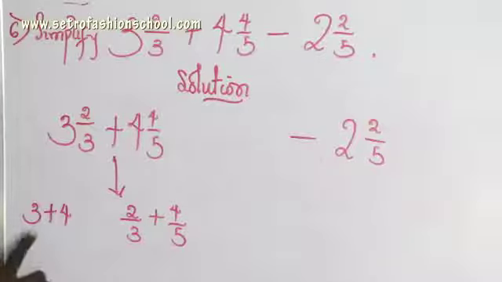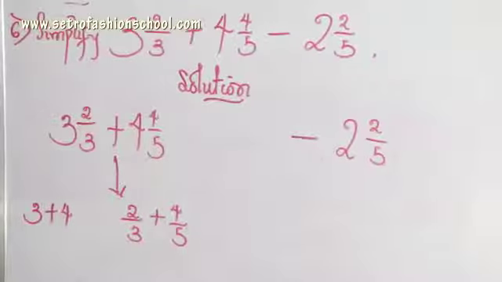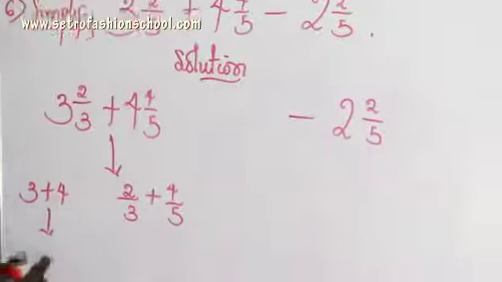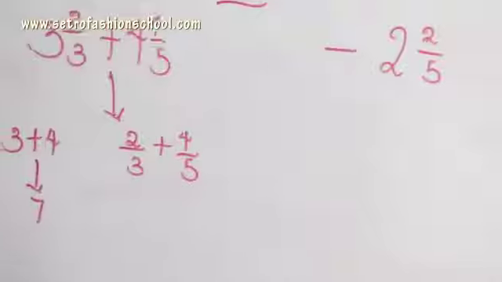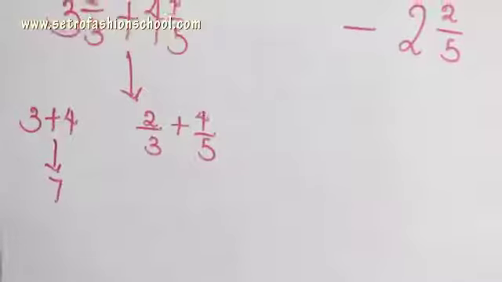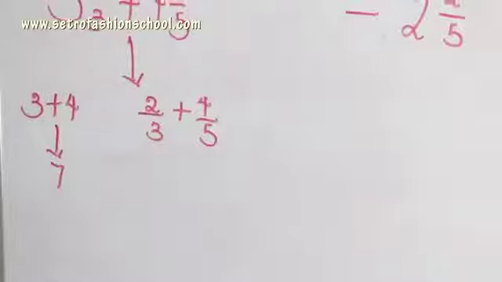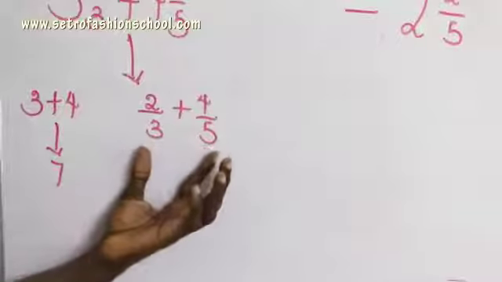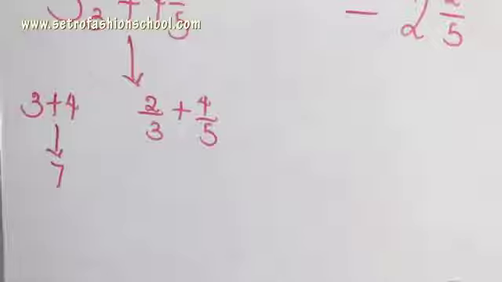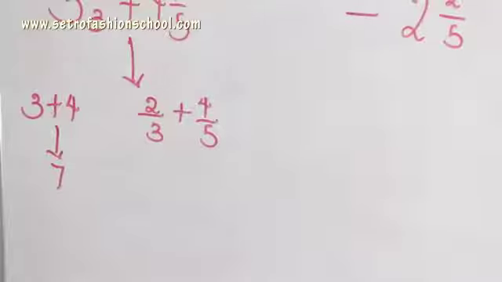Now, the next thing, I'm going to add this together. Let's do that together. 3 plus 4, correct. That's great. That's 7. That shows you are smart. You're a smart kid. Now, the next thing, how can we calculate this? Mind you, it's as simple as ABC.